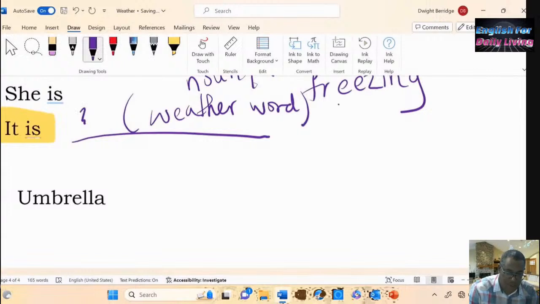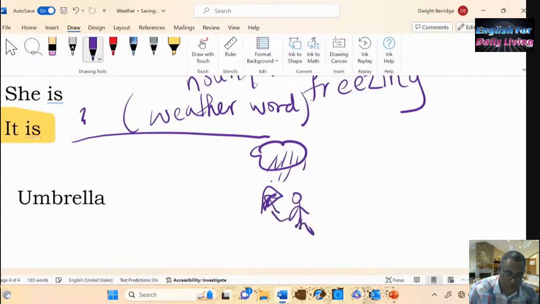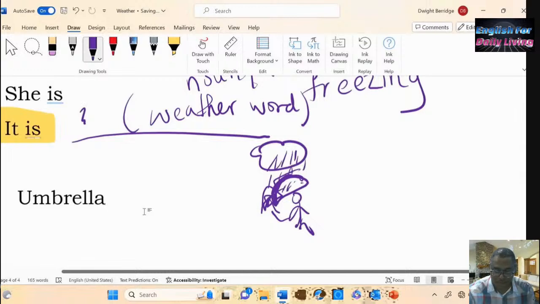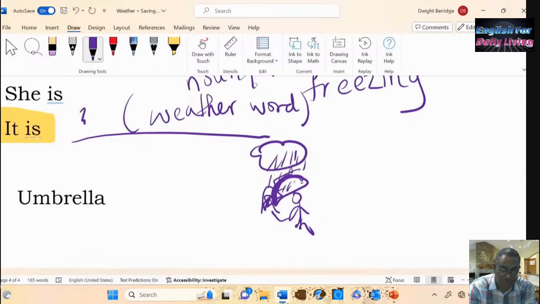And it's raining. When it's raining, someone would carry an umbrella to shelter him or her from the rain. Umbrella, right? For sun, some persons use parasols.